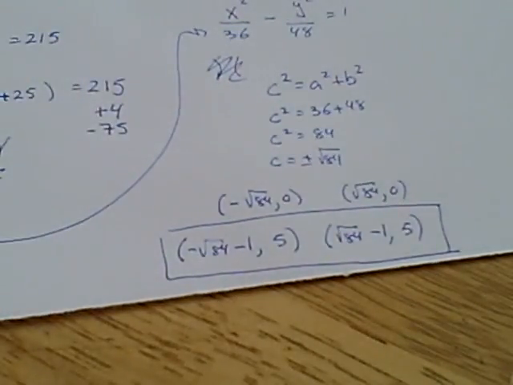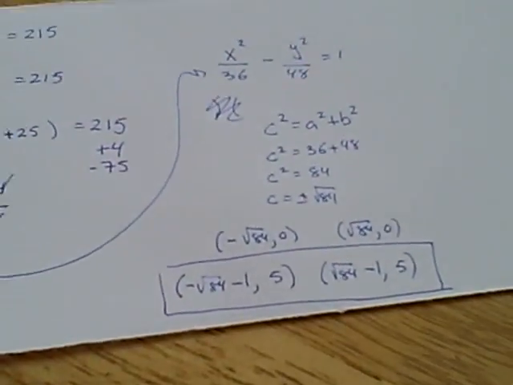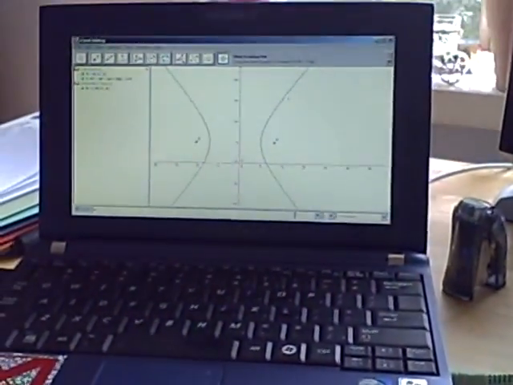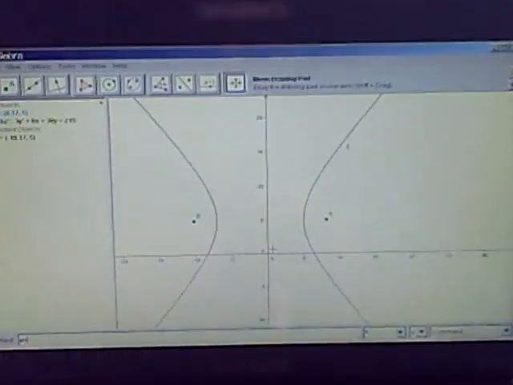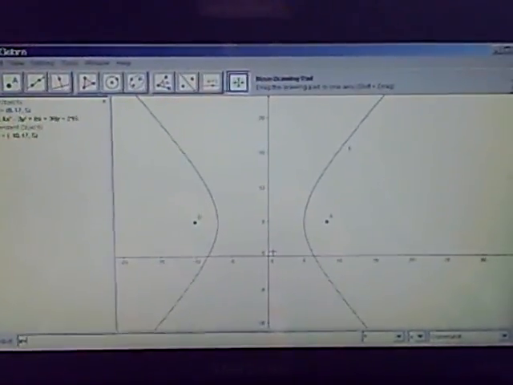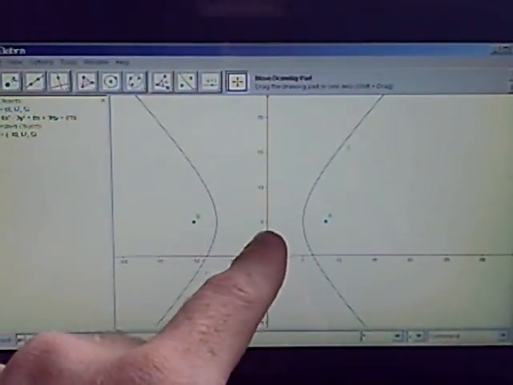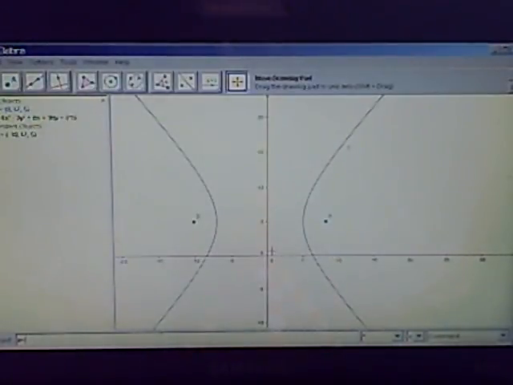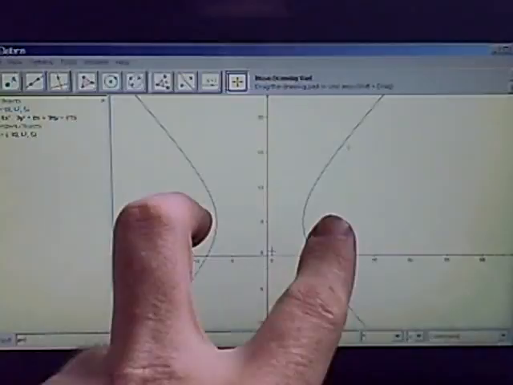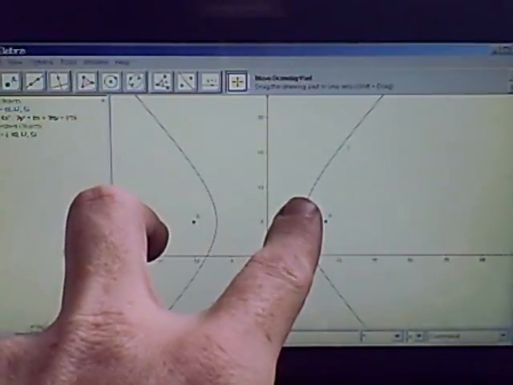And in fact, I've graphed this. Maybe I can show you here on the screen. I don't know if you can see that. That's the graph, and these are the two foci of the hyperbola. Notice how they're shifted over a little bit and then up.